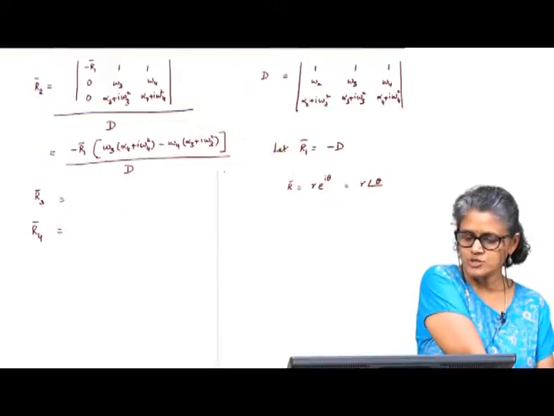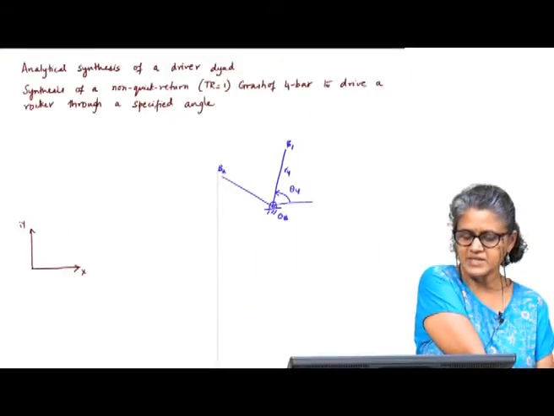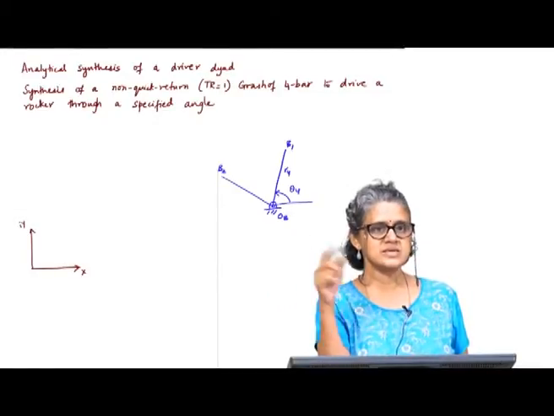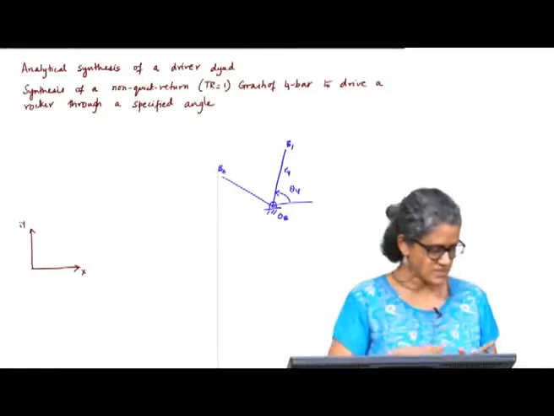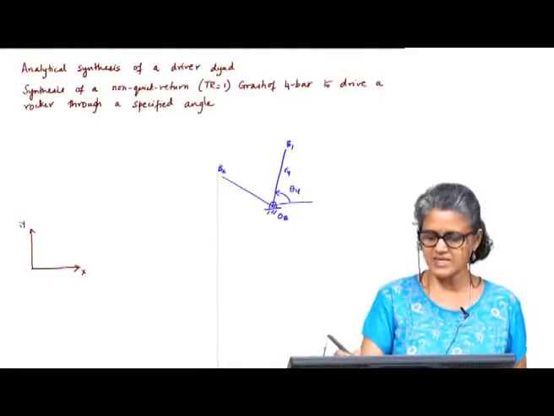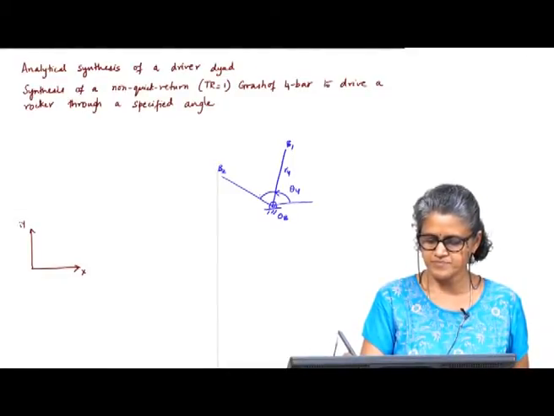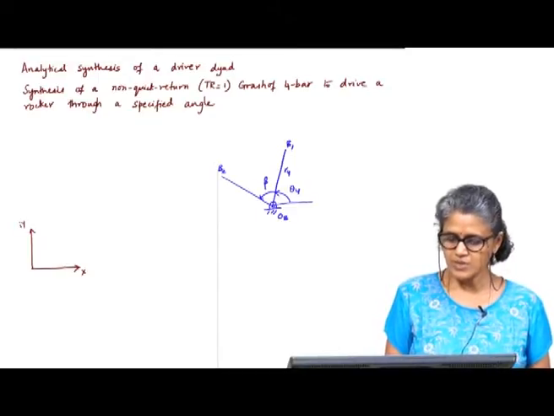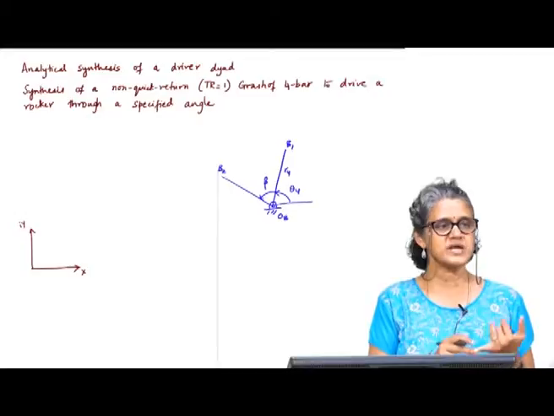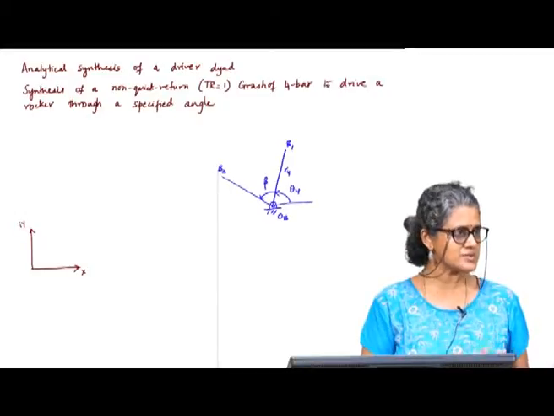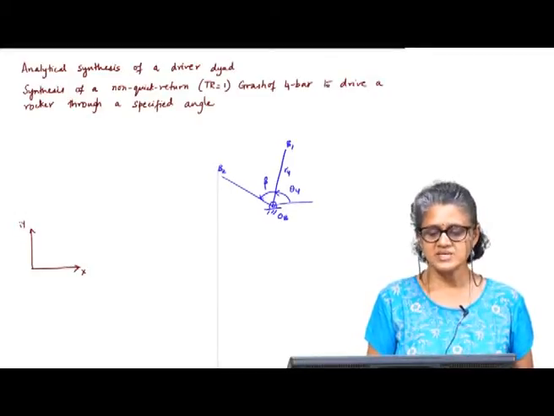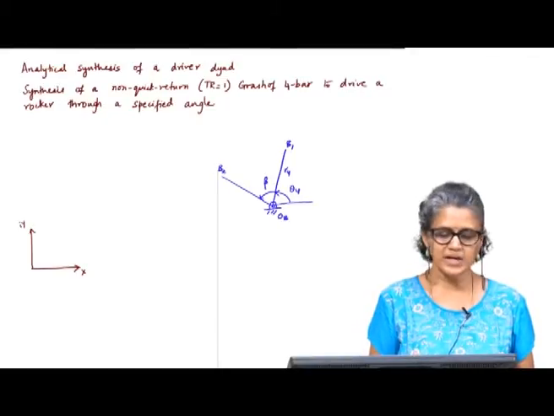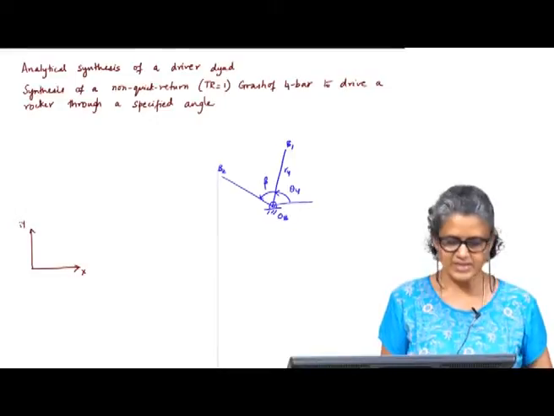So, you may want to attach a driver diode to it, in which case the output of this driver diode is basically the input to that 4 bar, as we have seen several examples before, and say this angle is beta. Okay. So, now my task is to find the other 3 links R1, R2 and R3, such that this linkage gives a time ratio of 1, and I want to synthesize it analytically.